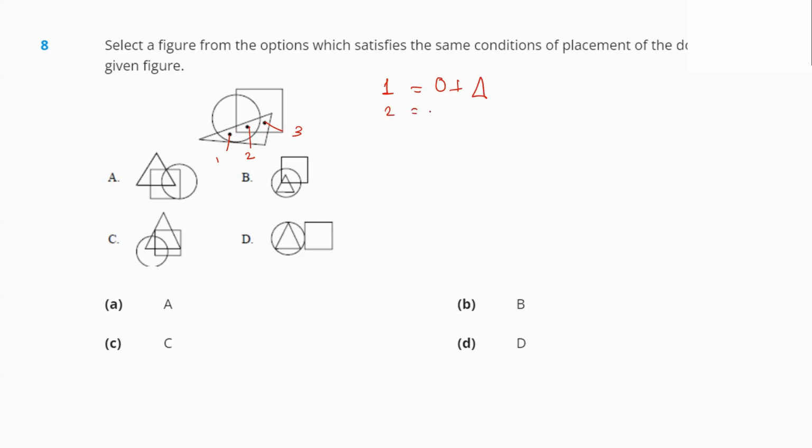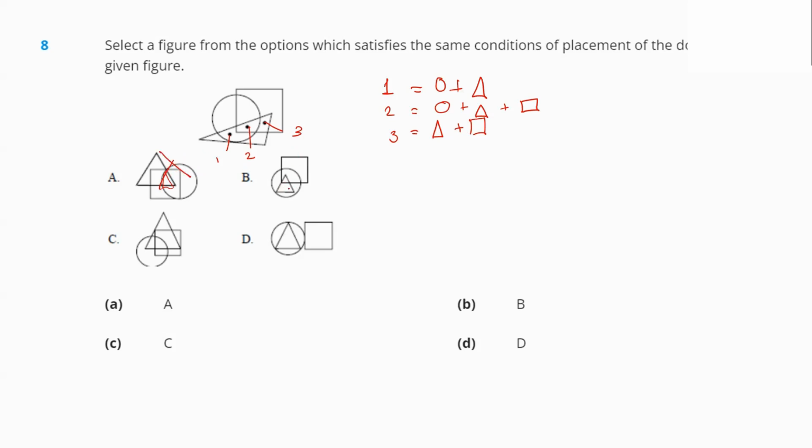In dot 2, there is a circle plus a triangle plus a square. In 3, there is a triangle and a square. So let's take option number 1. In this, if you try to find a circle and a triangle alone, we are not getting a circle and triangle alone. So the first dot condition is not satisfied, so this is not our answer.